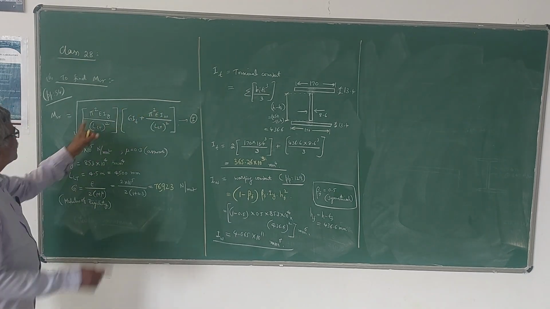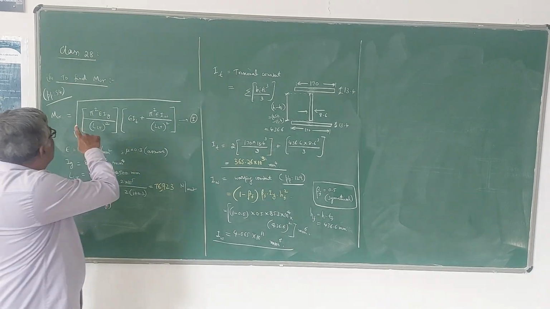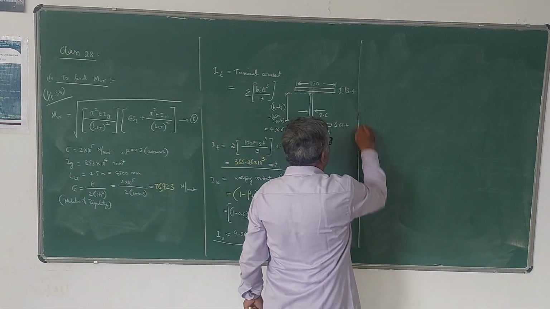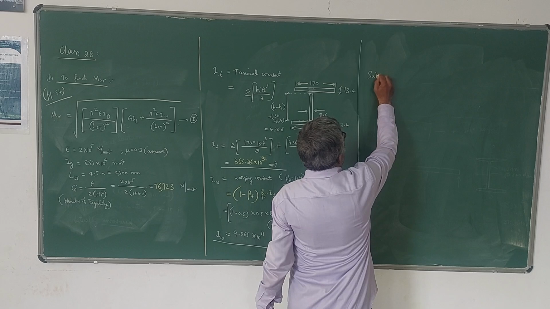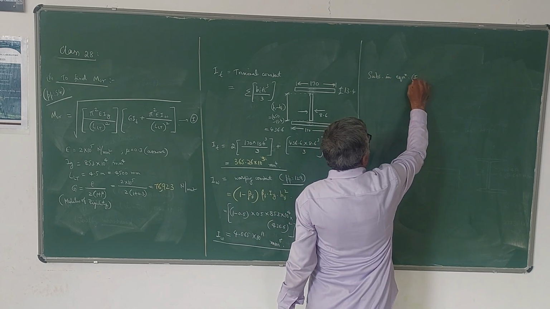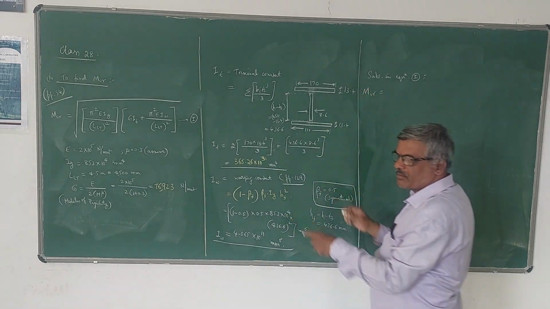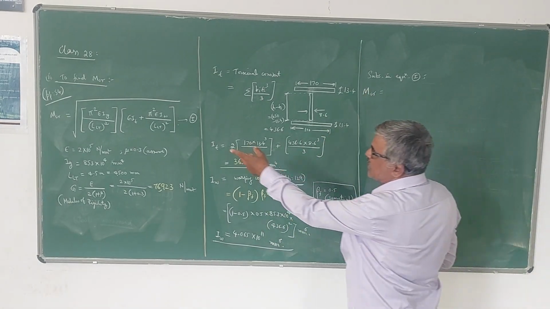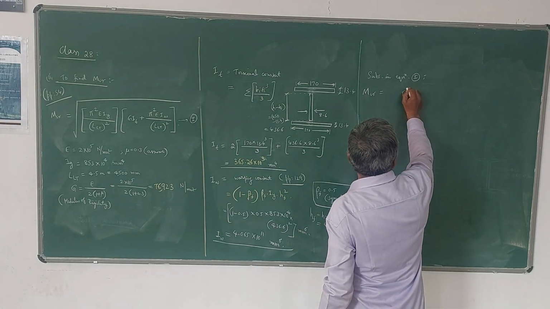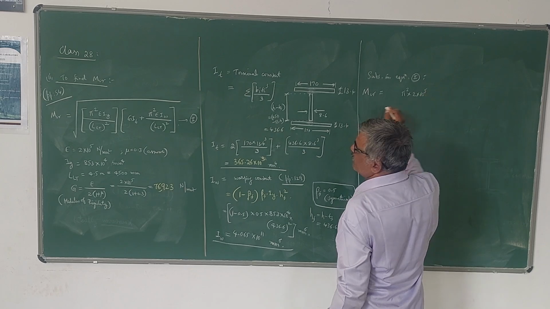Now all these terms we know, correct? You substitute here, substituting in equation 1 and simplify it. MCR in it. So this step is the lengthiest step. Afterwards we can do it easily. So pi square into E is 2 into 10 power 5.